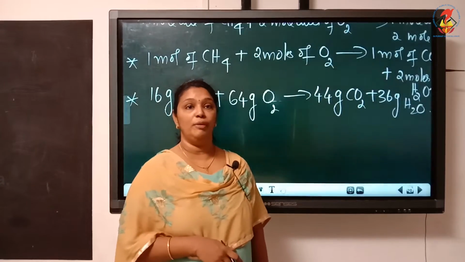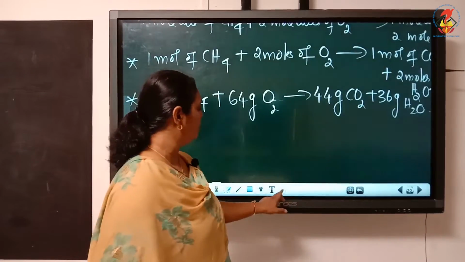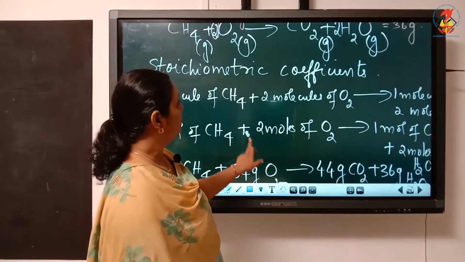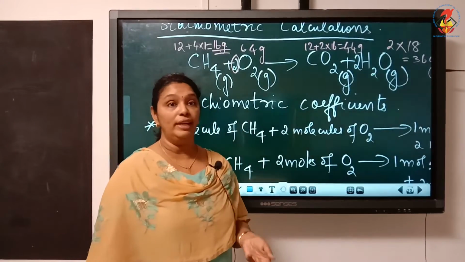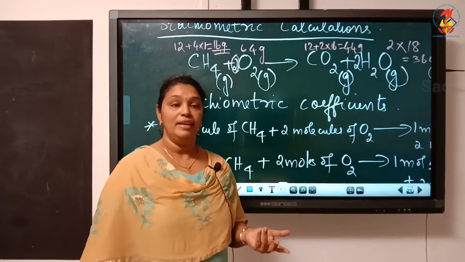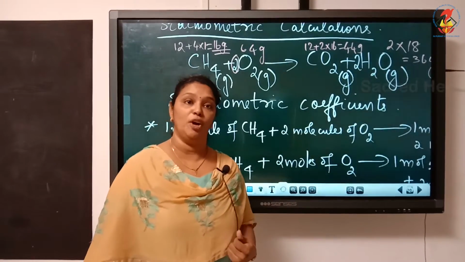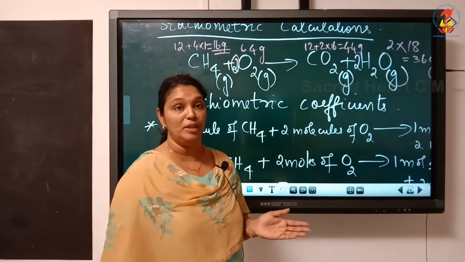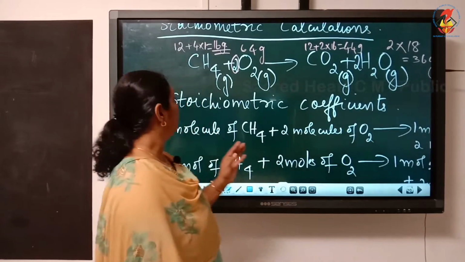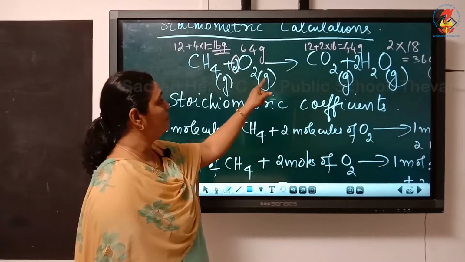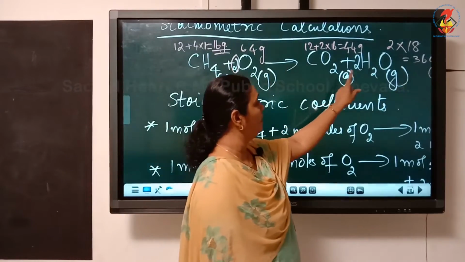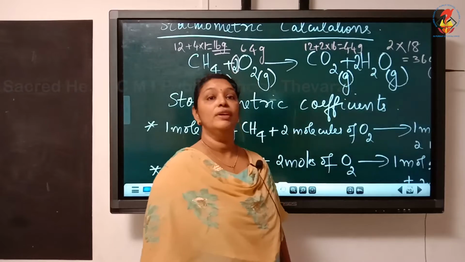Now the fourth information is, since all the reactants and products in the combustion of methane are in gaseous state, we can write the volume of reactants used and the volume of products formed if you look at the stoichiometric coefficient. So here you can see 1 volume of methane combined with 2 volumes of oxygen to give 1 volume of carbon dioxide plus 2 volumes of water vapor.